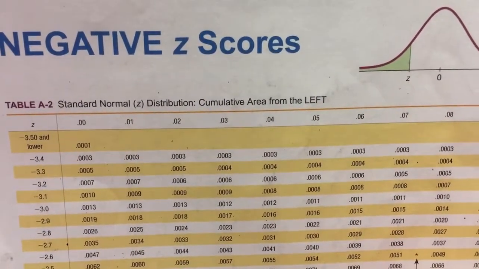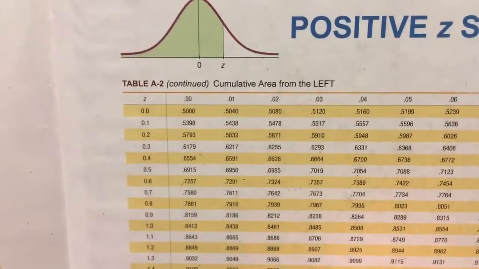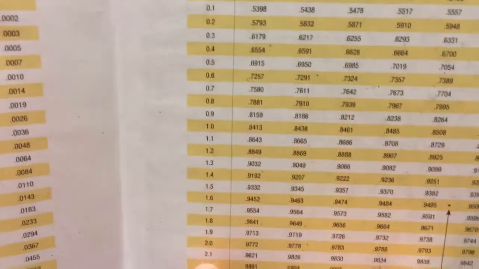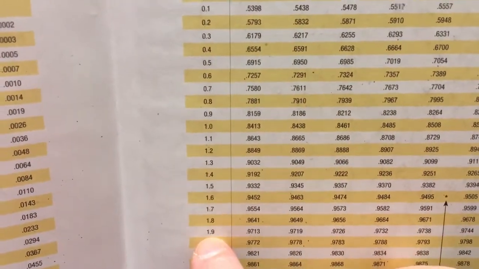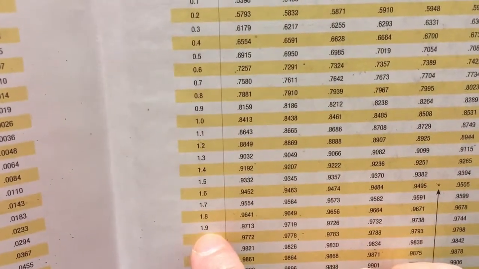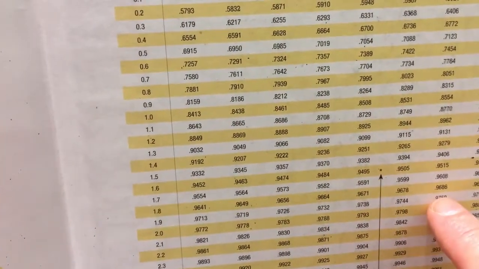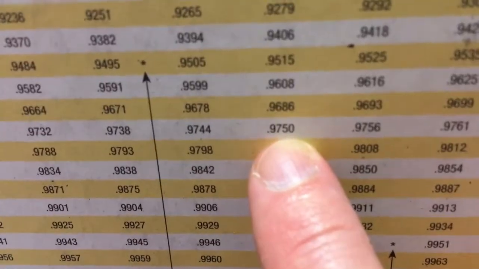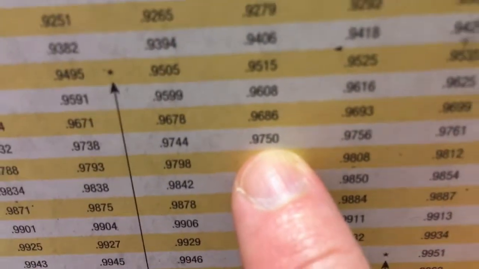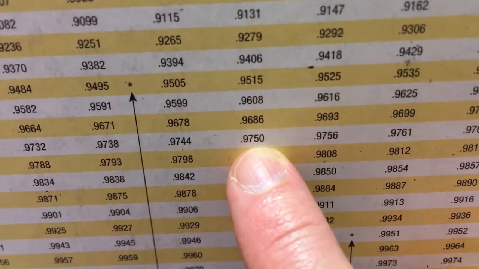So then I go look at 1.96 on the positive z-score chart over here. And 1.9 is right there. I'm going to go across till I get to the 6, which is right there. And the area to the left, trying to get close enough, is 0.9750.